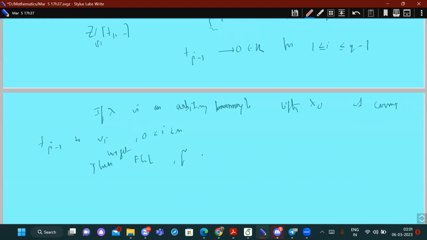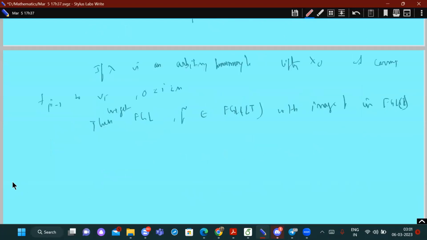So F tilde will be over the Lubin-Tate with image FM. And so this is the basic idea.